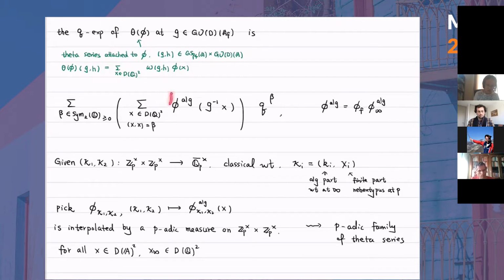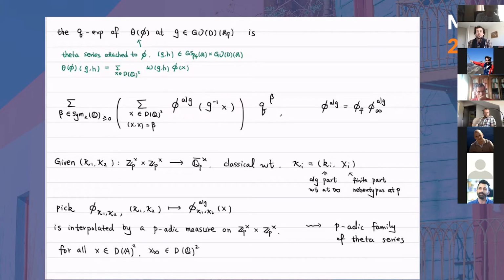That means I'm going to interpolate each term here to get a family of q-expansions.